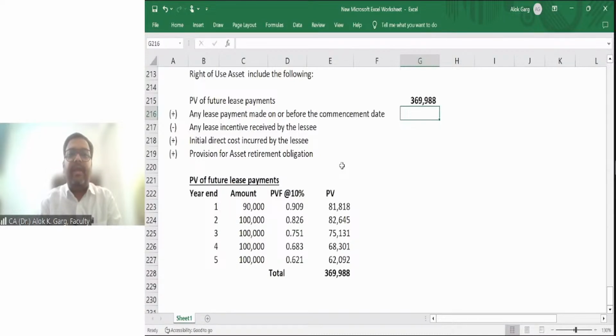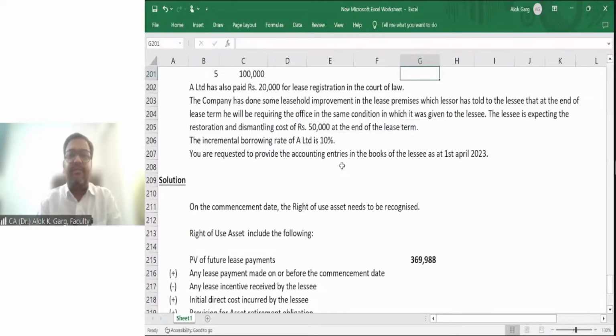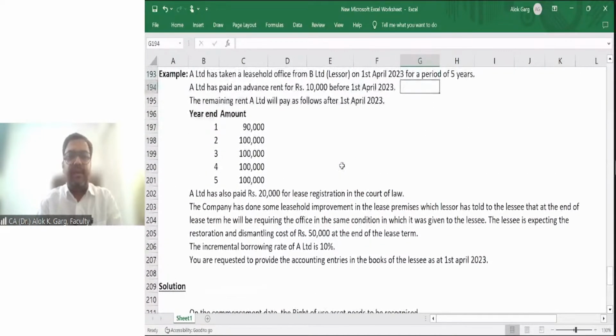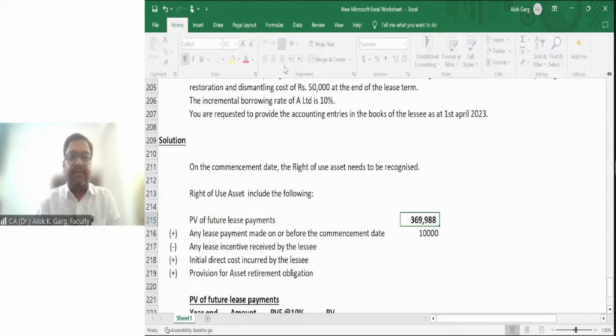Any lease payment made on or before the commencement date. What is the lease payment made on or before the commencement date? There is an advance rent of rupees 10,000 which has been paid.